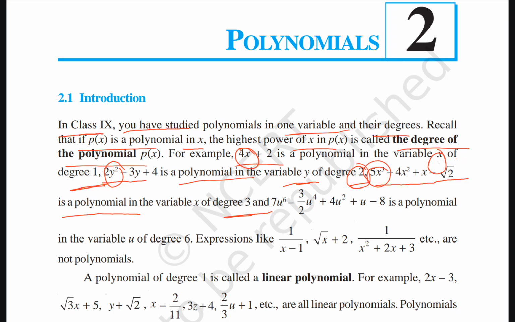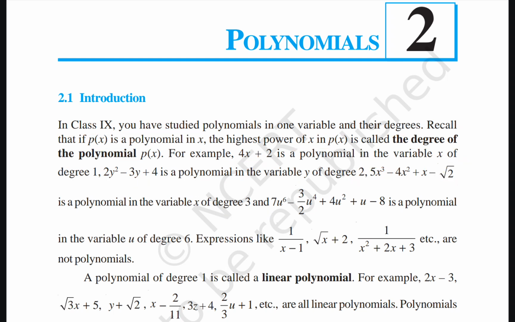Now see this example again, 7u⁶ - (3/2)u⁴ + 4u² + u - 8 is a polynomial in the variable u of degree 6.